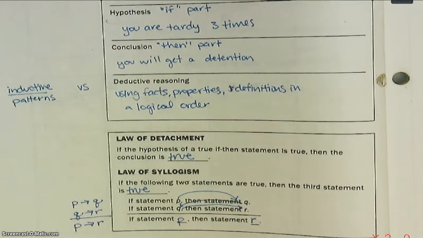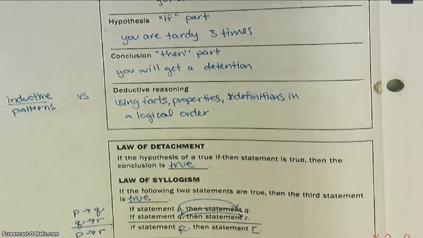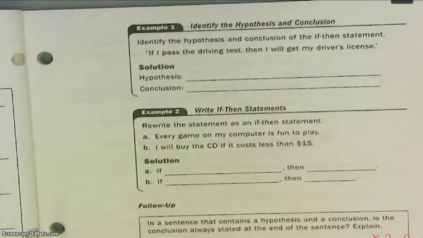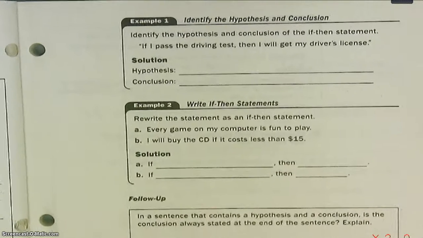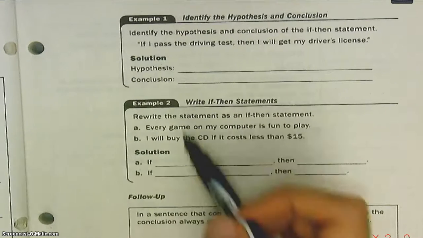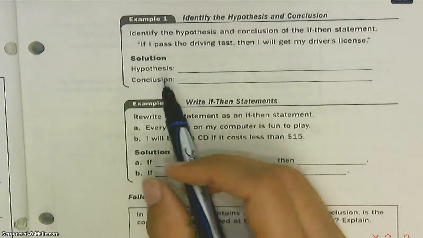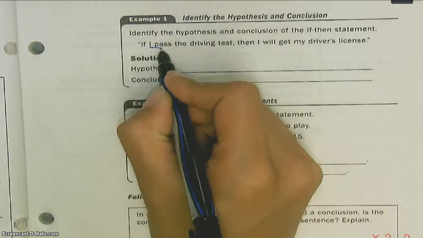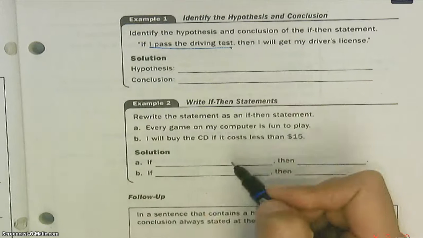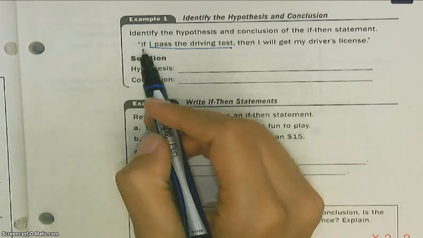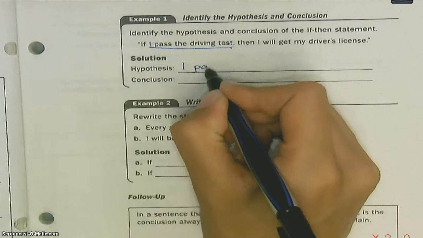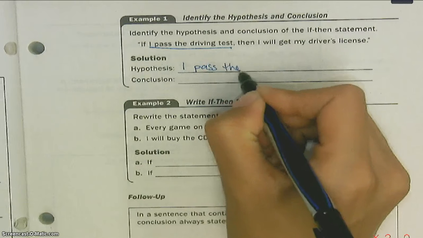Let's do an example to make this a little more clear. Identify the hypothesis and the conclusion. Well, the hypothesis is everything after the if. So there's your hypothesis. Do not include the if. I pass the driving test.